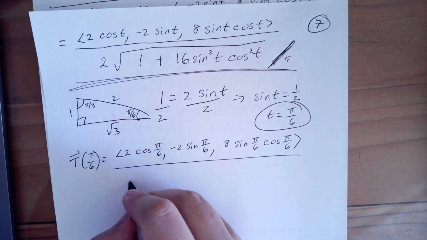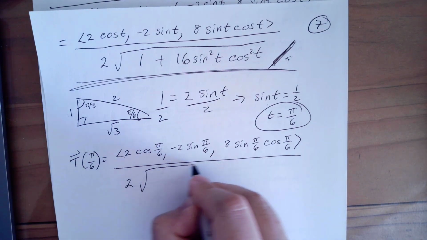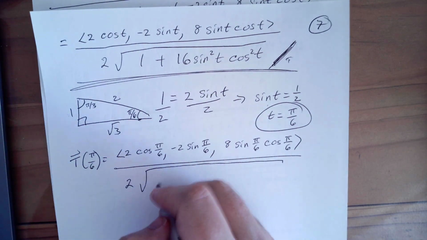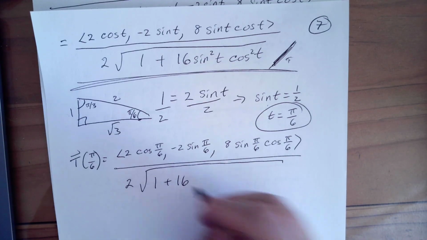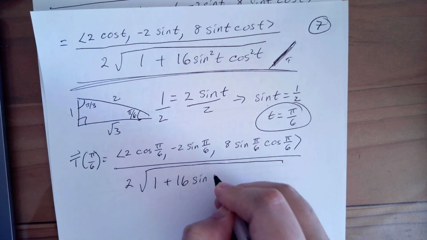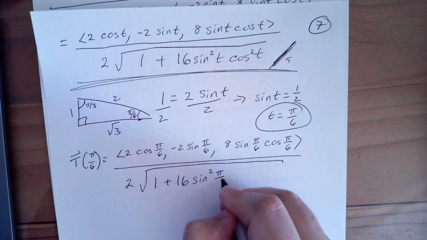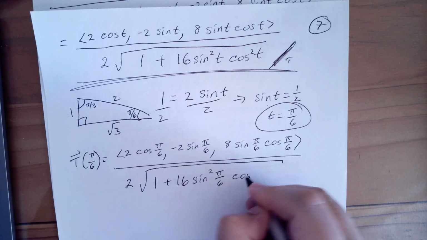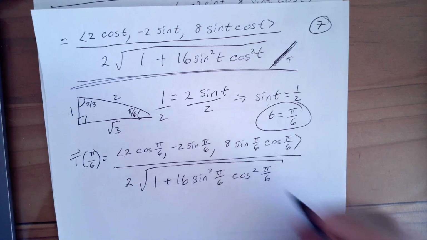We're going to divide this by 2 square root of 1 plus 16 sine squared of pi over 6 cosine squared of pi over 6.